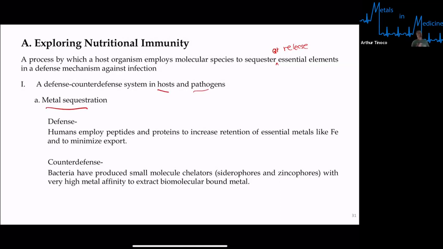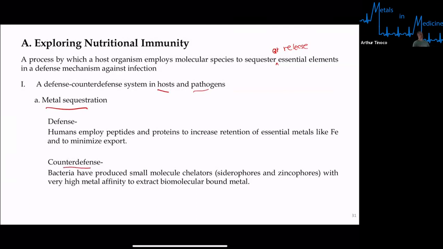So it turns out that humans can employ peptides or proteins to increase the retention of essential metals like iron, and also to minimize export. So you can probably have a suppression of, let's say, ferroporins, so that you don't have too much iron that's getting released from cells. So that would be how they can defend themselves by trying to minimize iron for, let's say, bacteria, as an example of a microbe, that really thrive on iron.